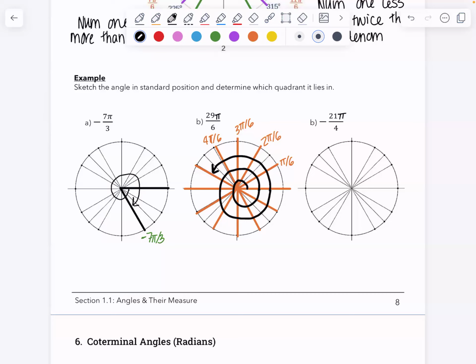And this is really on the 5 pi over 6 spoke. There it is. 29 pi over 6.